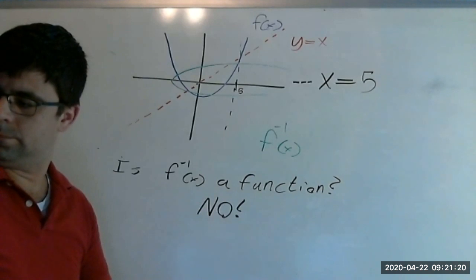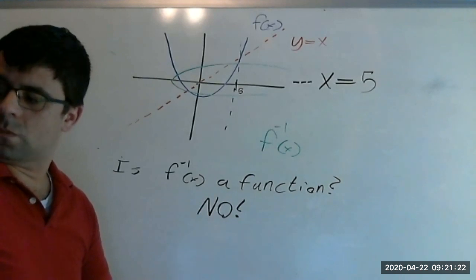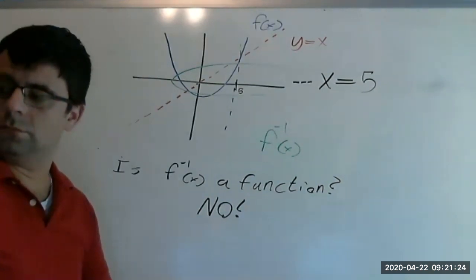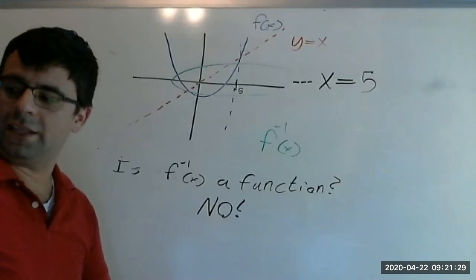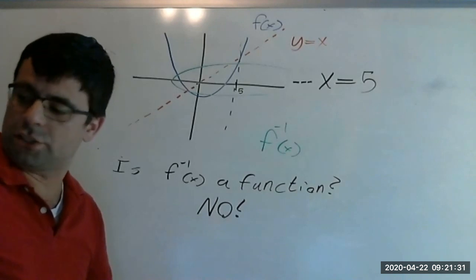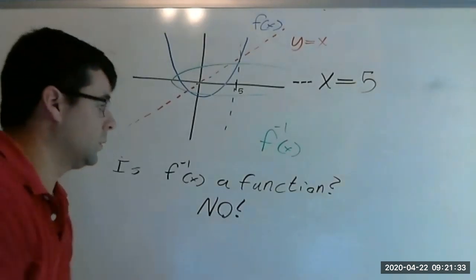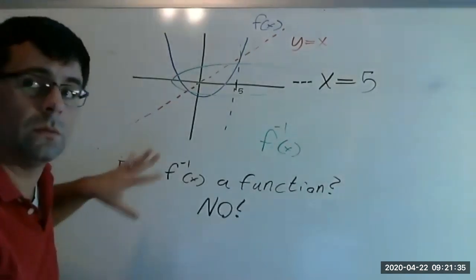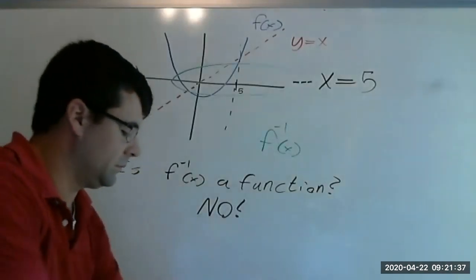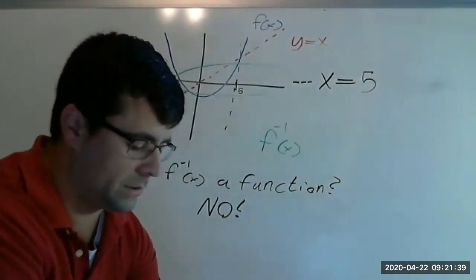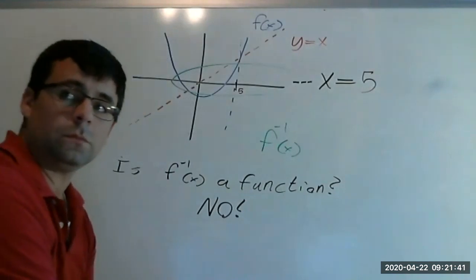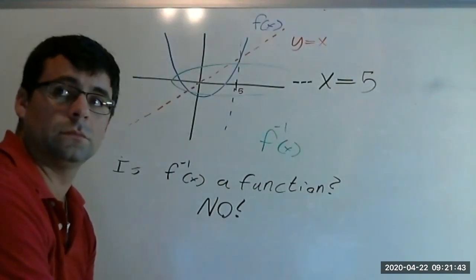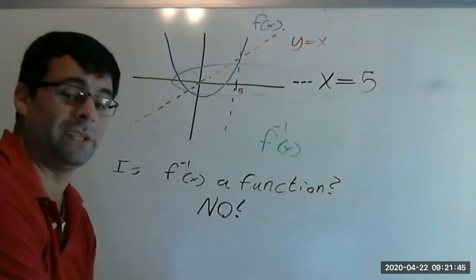Would it be just -5? No. So what do you do when you take the inverse of a function? We said a second ago there's a process. It's really only 2 steps, and this one you don't even need the second step.